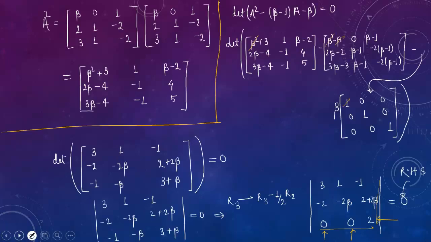So there will be minus 6 beta plus 2. If I talk about the LHS part, there will be minus 6 beta plus 2 is equal to 0. So beta will be 1 upon 3. So hence we calculated our beta.